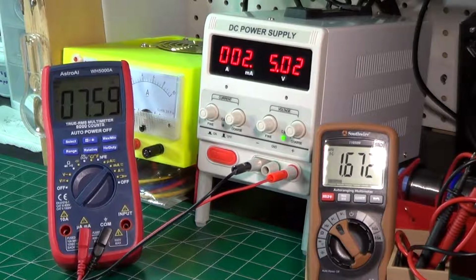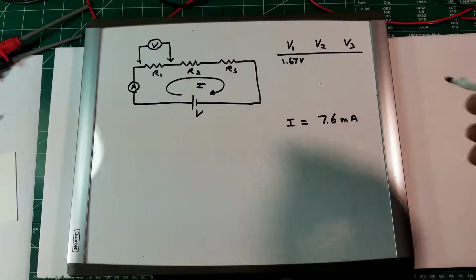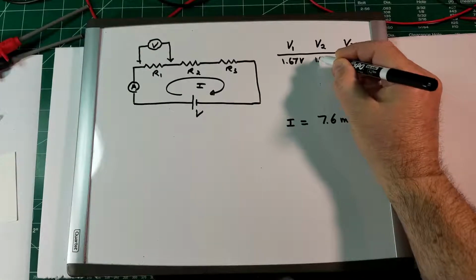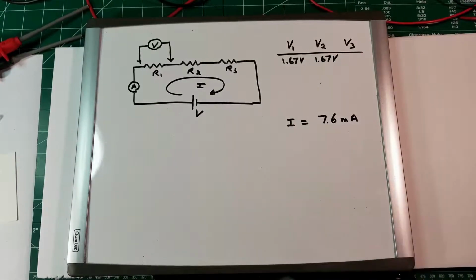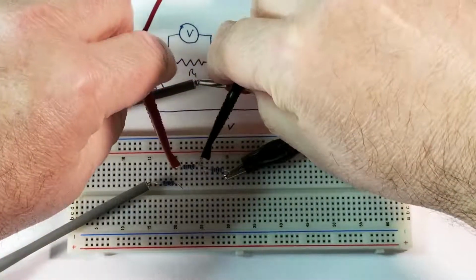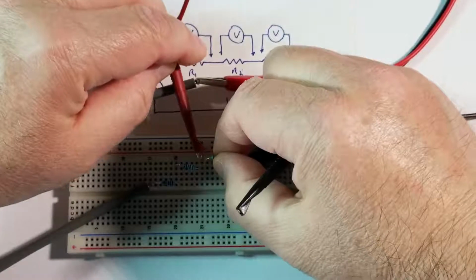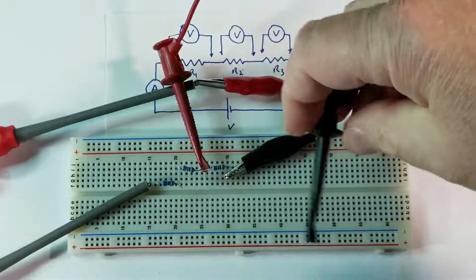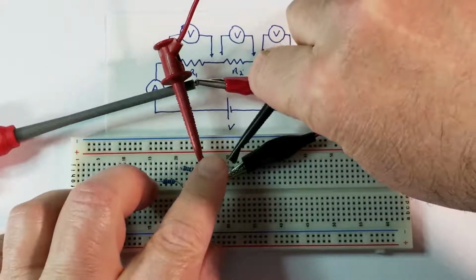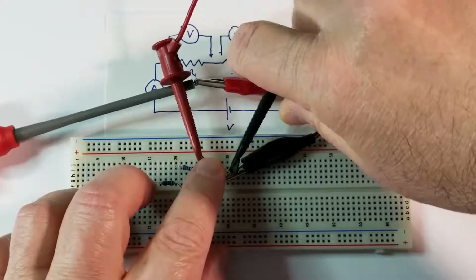Let's write down these new values now. Again, for these measurements, the voltage seems to be the same. And finally, let's put the voltmeter across the third resistor. And let's measure the value over there.